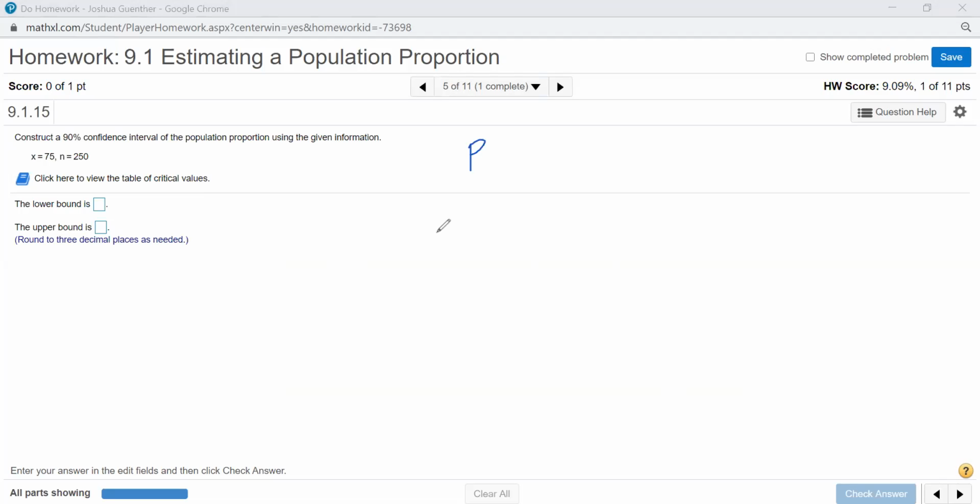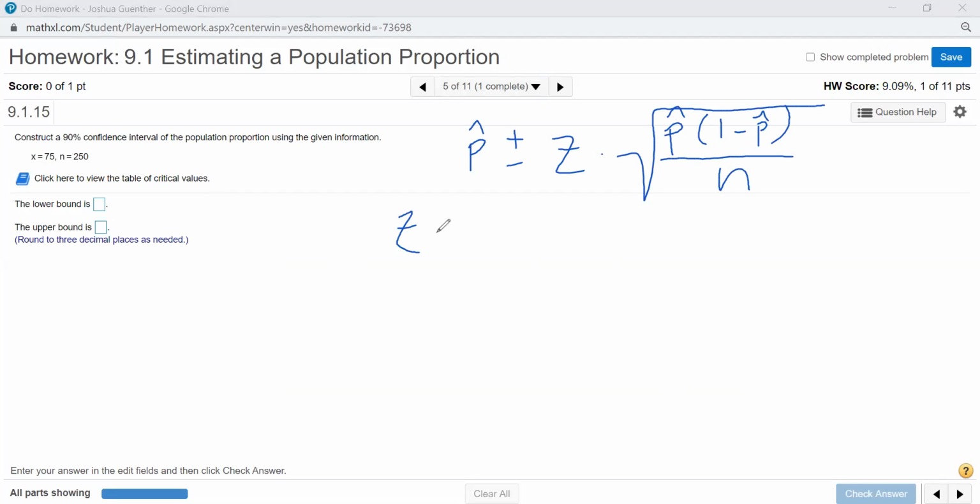Our formula is going to be p hat plus or minus the z-score times the square root of p hat times 1 minus p hat all over N. From our cheat sheet, we might recall that the z-score for a 90% confidence interval is 1.645.